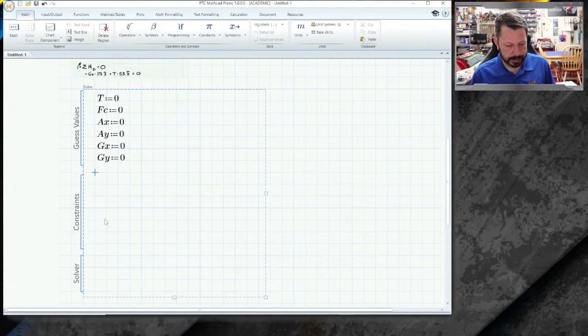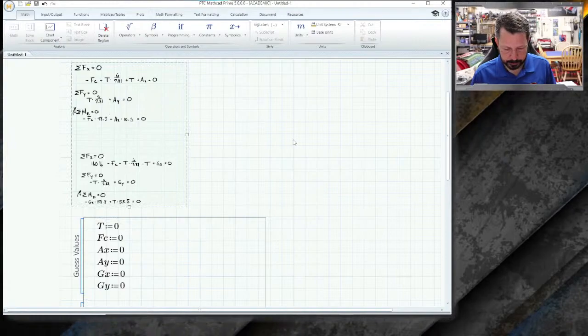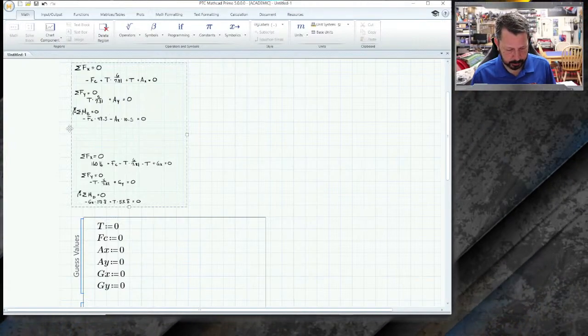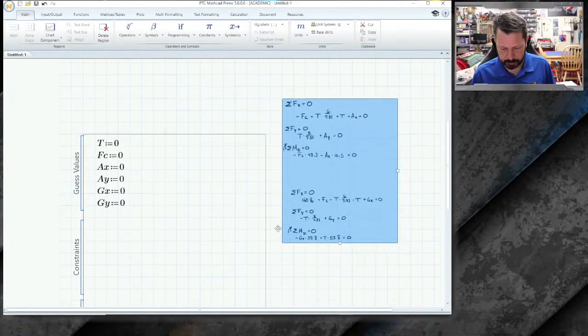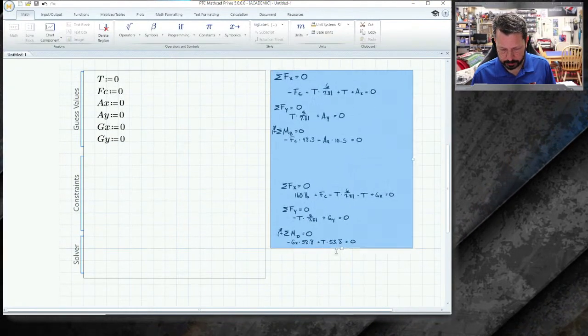Now our constraints are these equations. So why don't I move this over to the side so that I can actually see it at the same time. That might work a little better, huh?